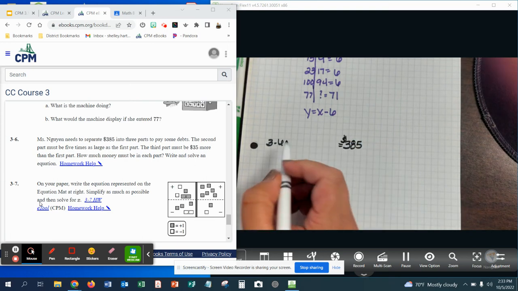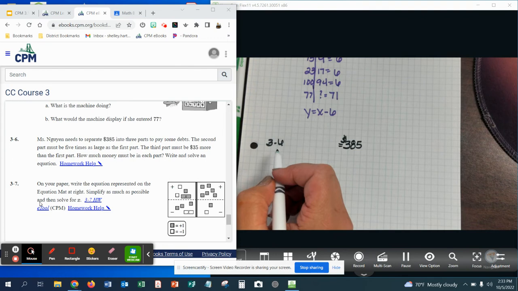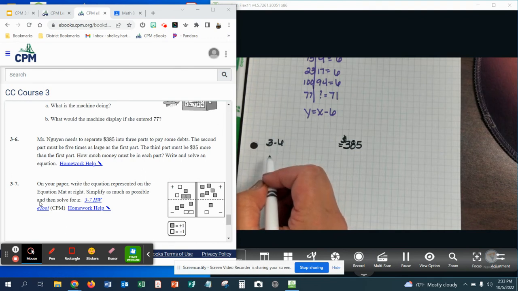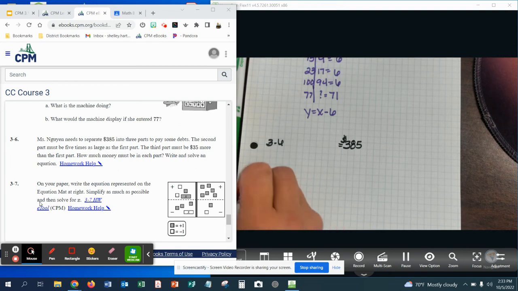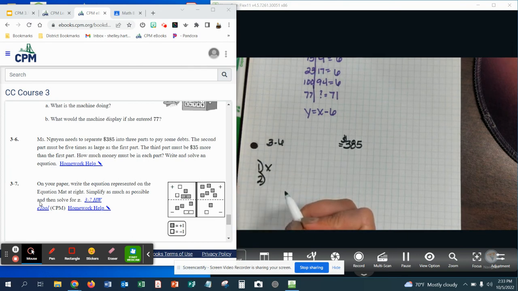Now, the second part must be 5 times as large as the first part. The third part must be $35 more than the first part. So the first part, number 1, is going to be X. Number 2 is going to be 5X because it's 5 times X.